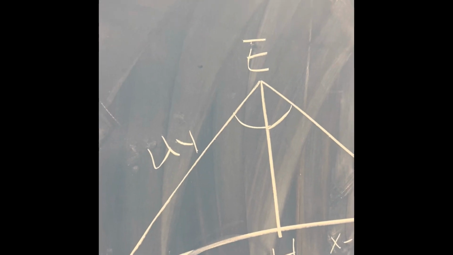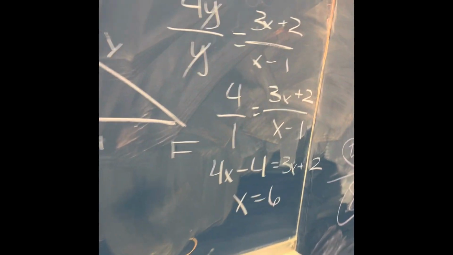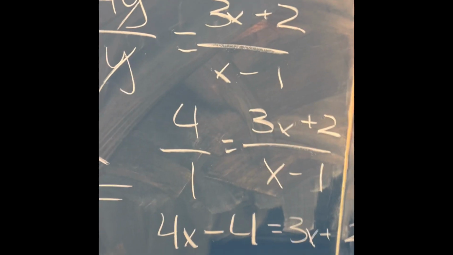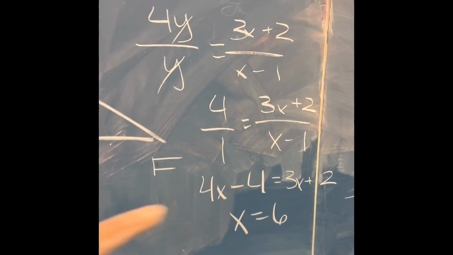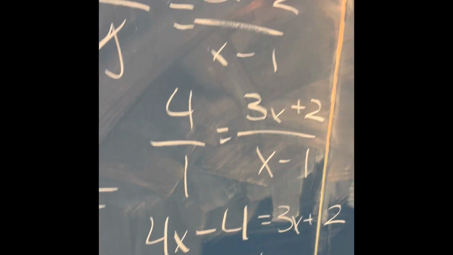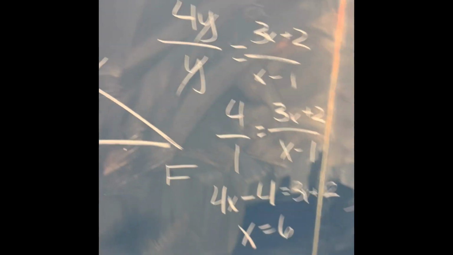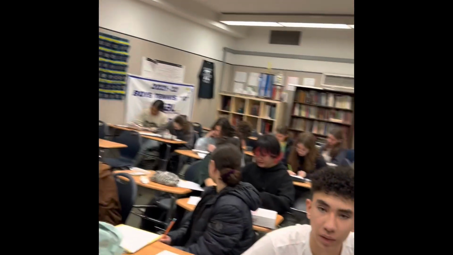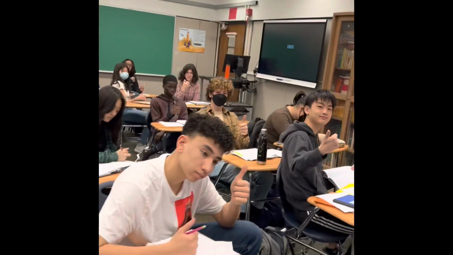So now the adjacent is 4y over y, which cancels out to 4. Then cross multiplication, and you did the algebra, then the addition property, then the division property of equality, and x is 6. Everybody good with that? Give me a thumbs up. Okay, great.